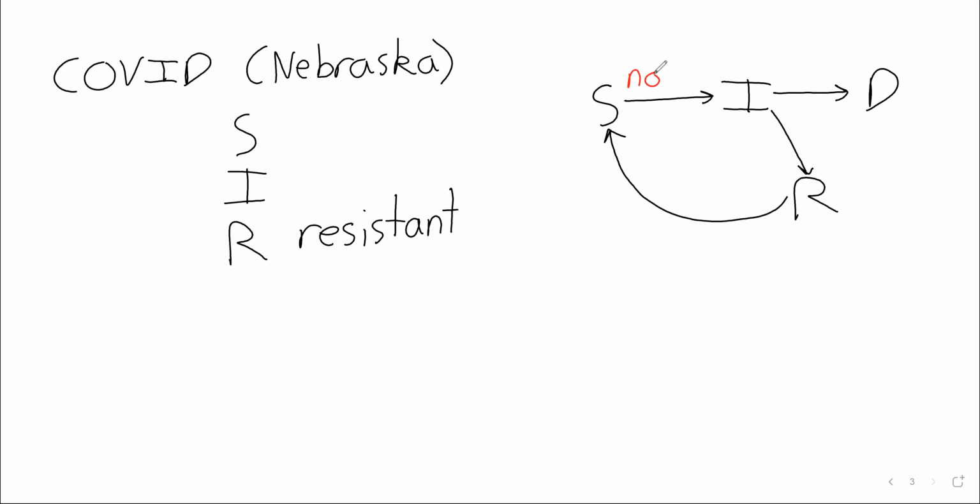And that's because over the course of the COVID epidemic, the probability of going from susceptible to infective has been in no way constant. I mean, think of our experiences here in Chadron.